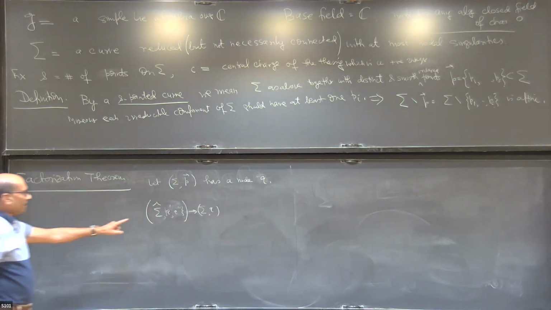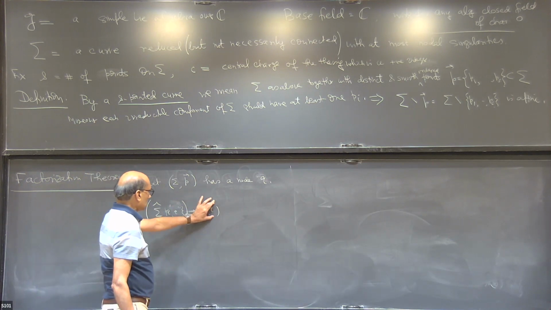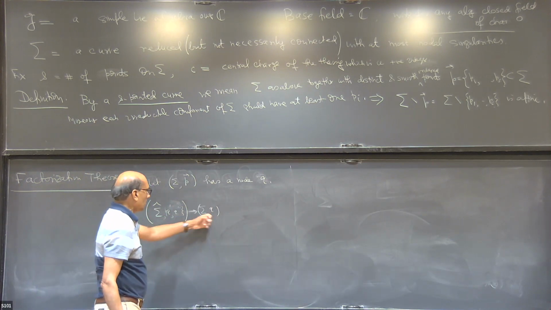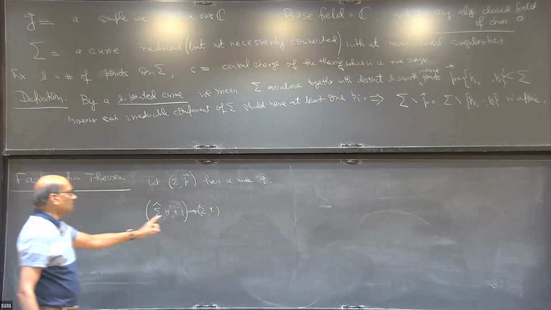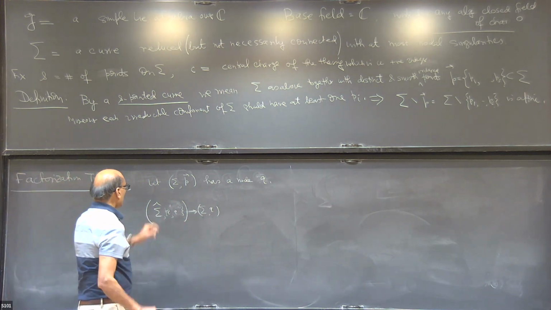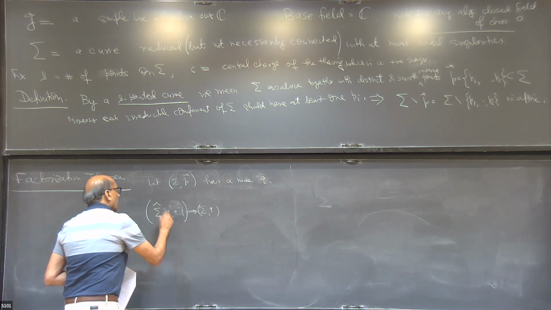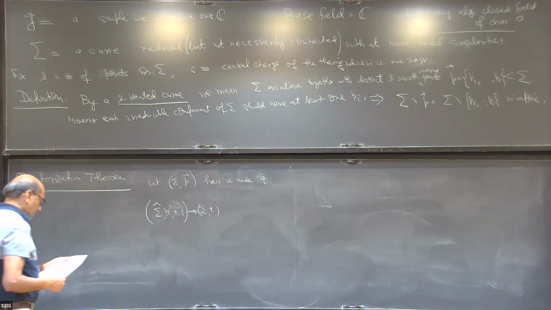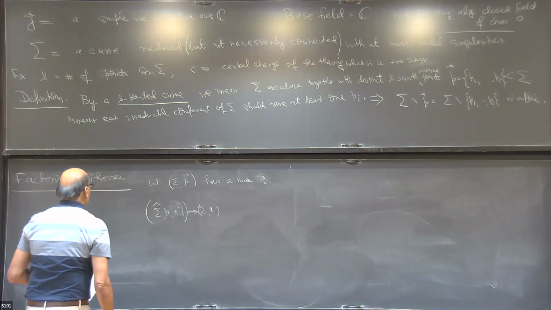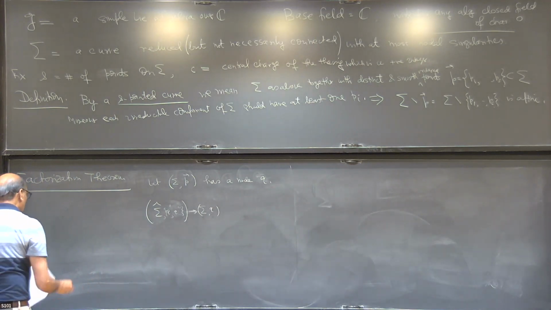So I start with a nodal curve with Q as a node, but I don't care about other nodes. Right now, I'm just focusing on one single node. And then I normalize that curve and I get the 2 points over that point. Okay. Now, so, the theorem. Let me state that.